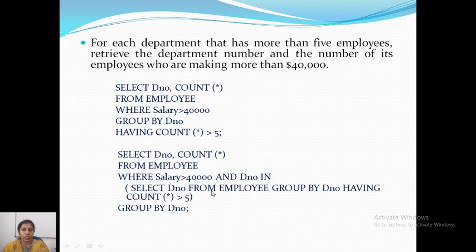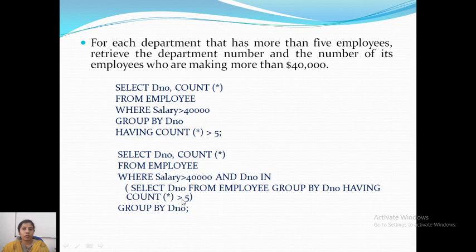So what we are doing here, we are selecting the department number from employee where the count of employees is more than 5, and in such a department you just check whether salary is greater than 40,000. So this information you have to retrieve in this query. So it will give you the correct result.